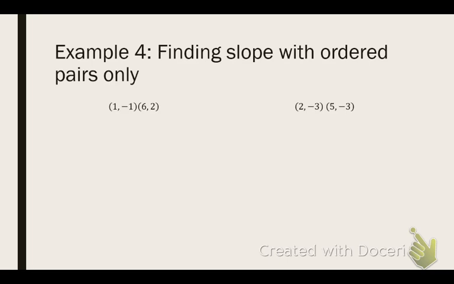That's just getting us in the habit of knowing which value gets plugged into our formula. So we have x1, y1, and we have x2, y2. Did everybody label your values just like that?